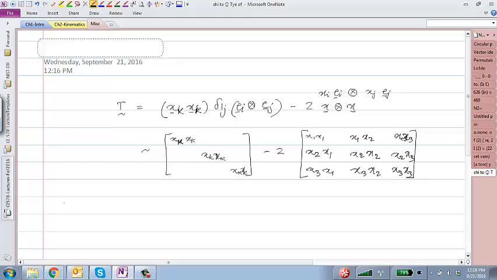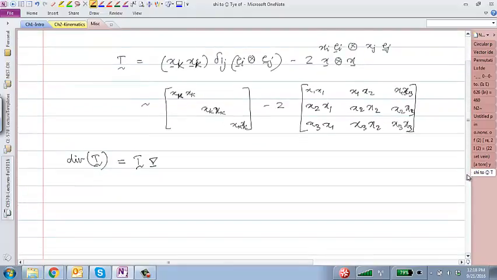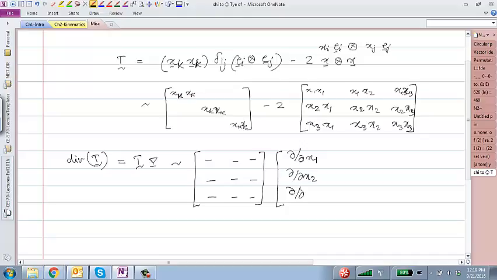If I want to take the divergence of this particular tensor in terms of components, it would be, with some abuse of notation, like this: T acting on the grad operator. So what is the grad operator? Basically, I can represent this with the components of T, and the grad operator would be partial x1, partial x2, partial x3.